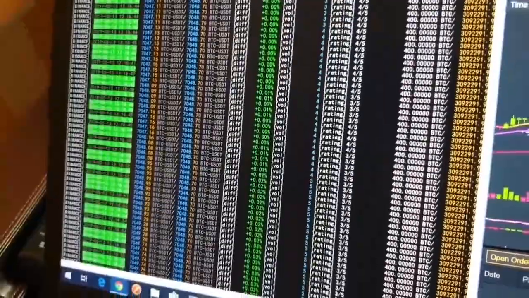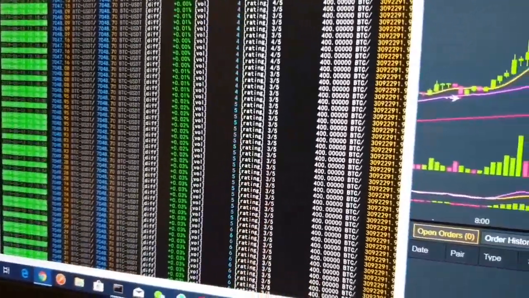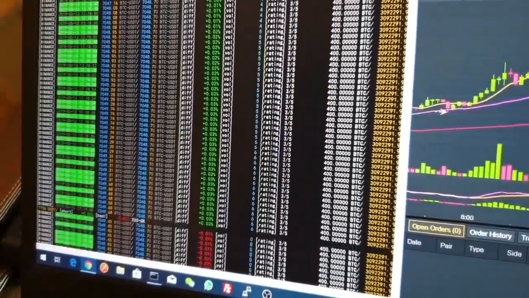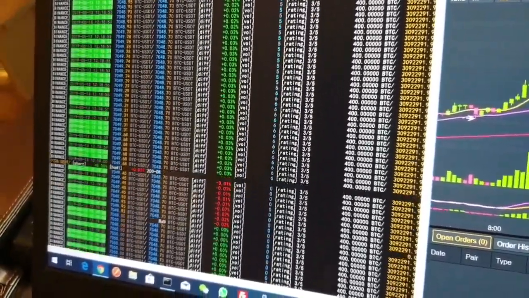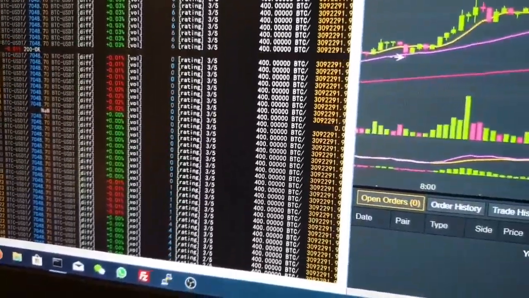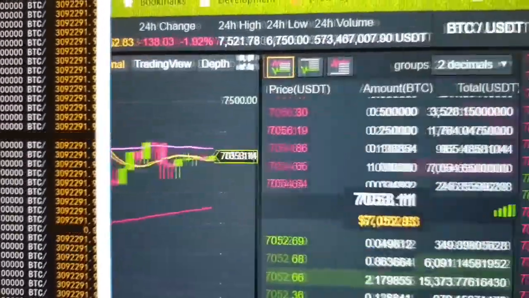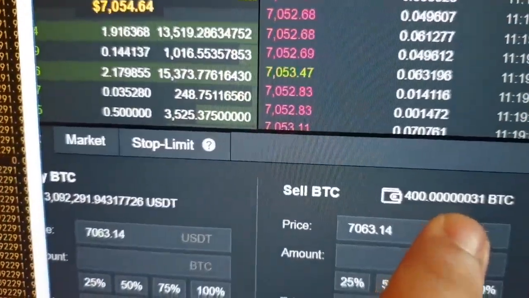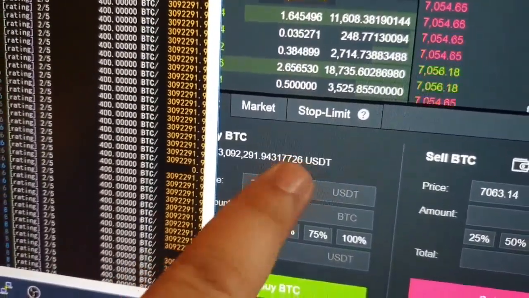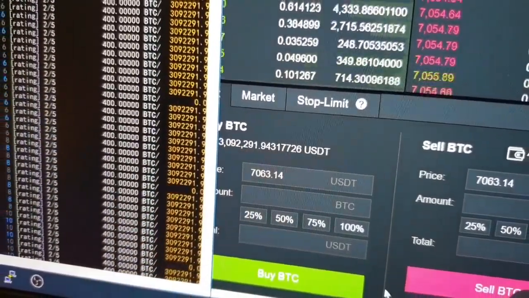And we have this rating here, which tells how good this data is. We have 400 BTCs here, so let's check. Over here we have about 400 BTC, and about 3 million USDT.